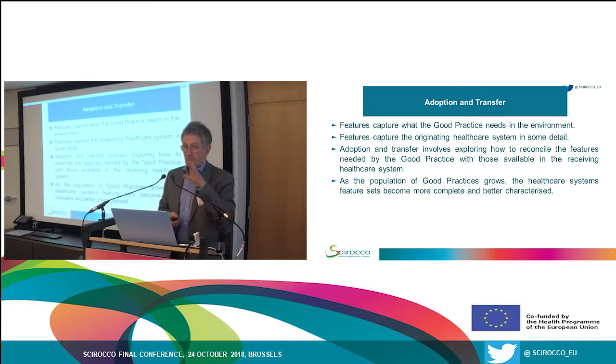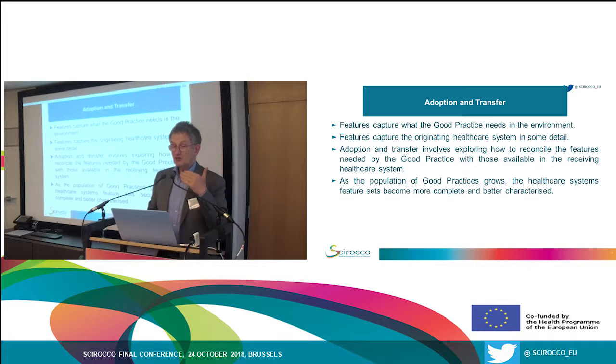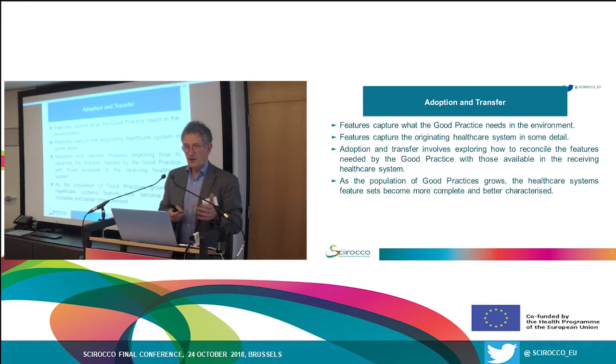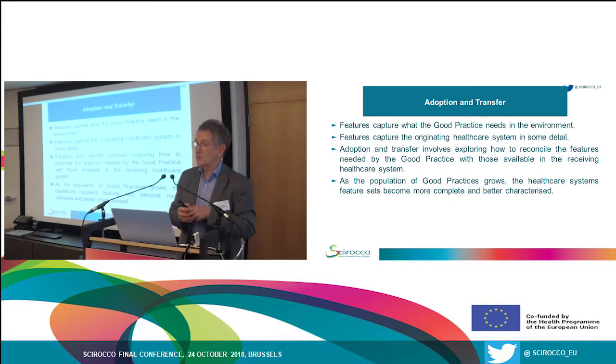So features capture what the good practice needs in the environment. They capture the originating healthcare system in some detail around how it provides for a particular good practice. And then adoption and transfer involves exploring how to reconcile the features needed by the good practice with those available in the receiving healthcare system where it's going.